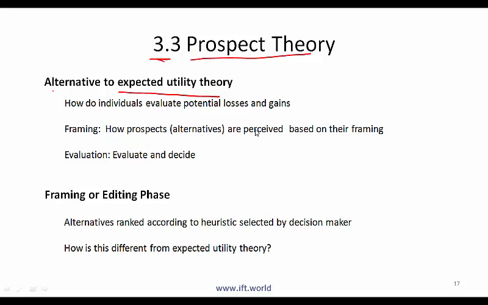Now what prospect theory talks about is how individuals evaluate potential losses and gains. So this theory is trying to understand what investors or individuals are really trying to do. Essentially this theory says that investors or people use a two-step process.